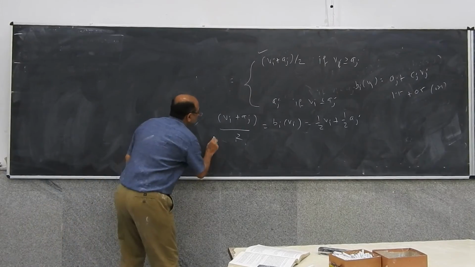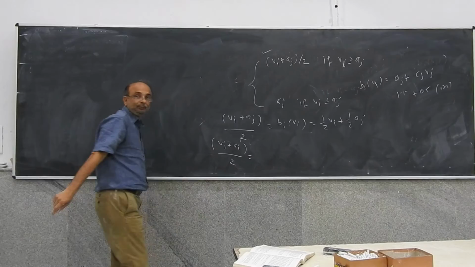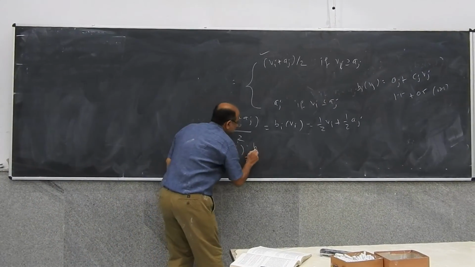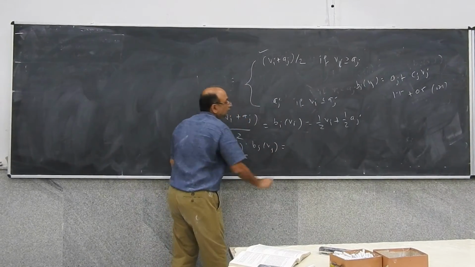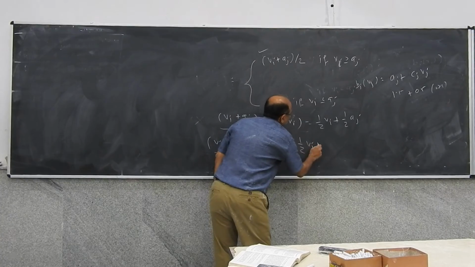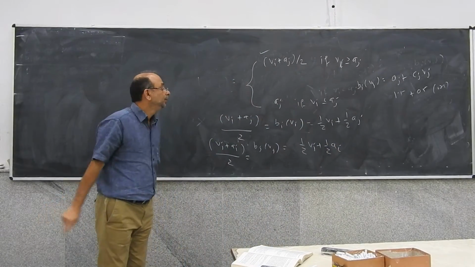What is the best response function for the jth player? (Vj plus Ai)/2, which is 1/2 Vj plus 1/2 Ai. Correct? Okay?